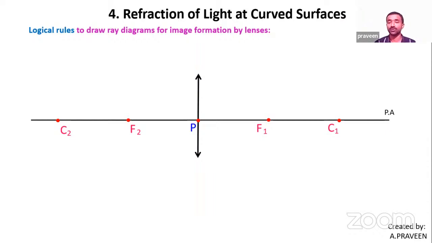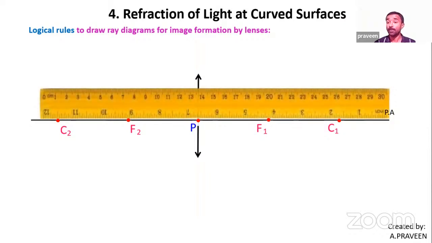Then what rule? Always the object is parallel to the, above the principal axis with an upward arrow. But here, logically, I am taking the height of the object exactly equal to the width of the scale. Why? Because it makes it easy to draw the parallel light ray.